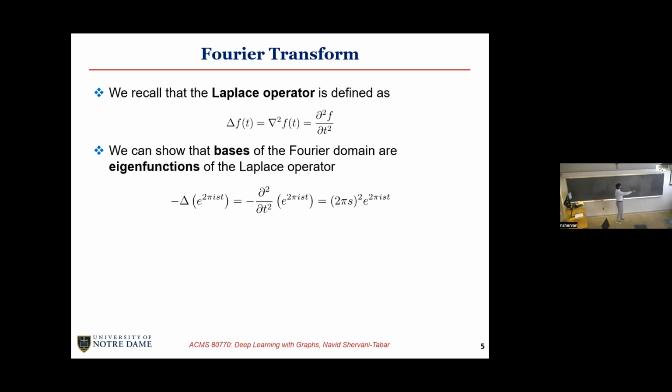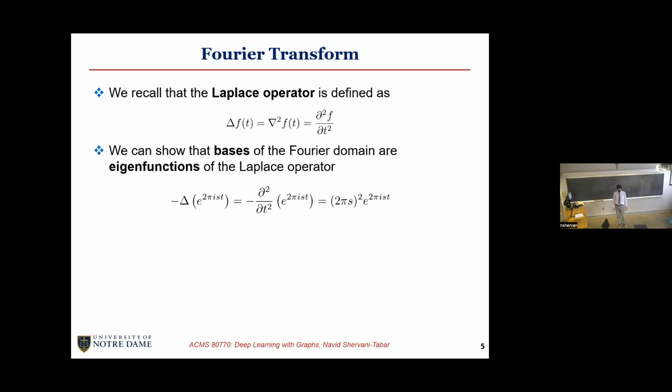We see that our Laplace operator is the divergence of the gradient of some function f. If I write this down, I will see that I have this term on both sides, and I have essentially an eigendecomposition of the Laplace operator.